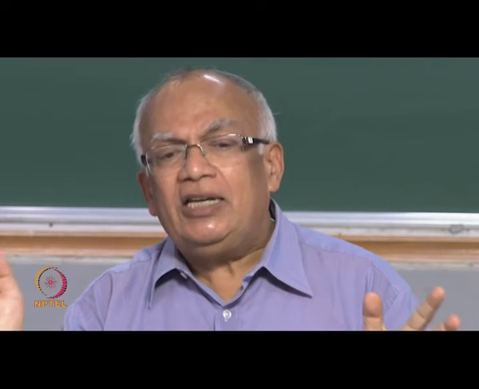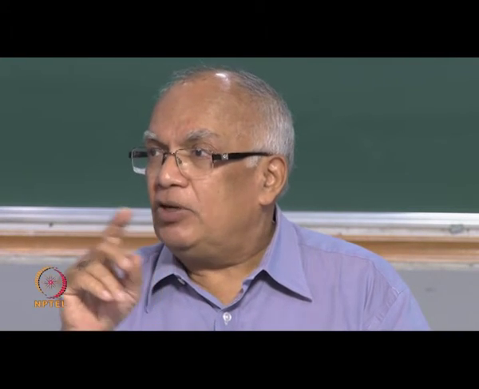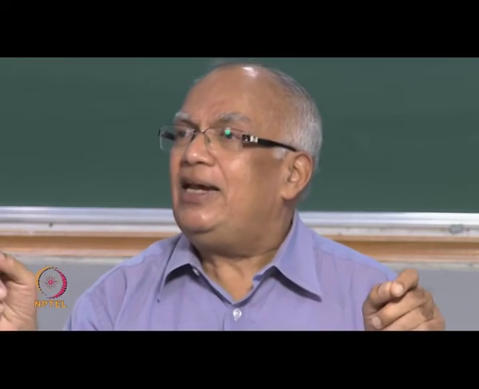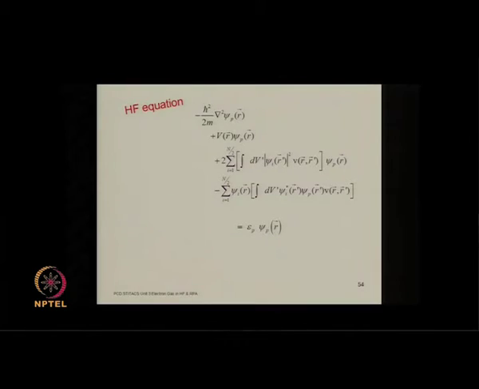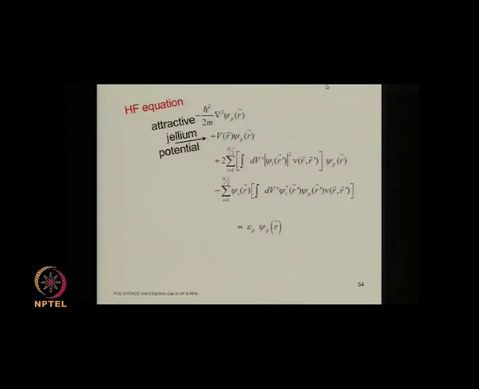And that is what is represented by the potential V of R. So, it is an attractive potential because it is generated by the positively charged nuclear lattice, but it is not located at the lattice sites, it is smeared over the entire space. And then the other thing we know about it is that it is uniform. So, this is the attractive Jellium potential, this V(R) psi(R). This is the attractive Jellium potential.